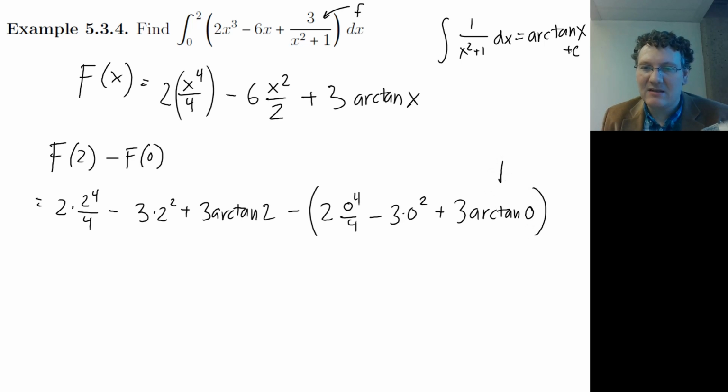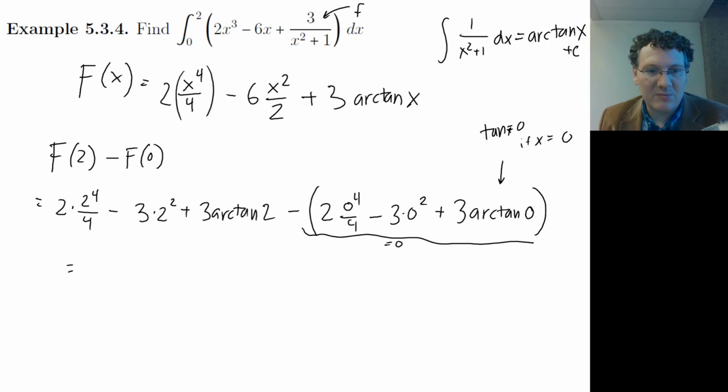The tangent of x equals 0 if the sine is 0, if x is 0. So 0 has an arctangent of 0, so the arctangent of 0 is 0, so this whole thing here is just equal to 0. So then this simplifies a little bit.